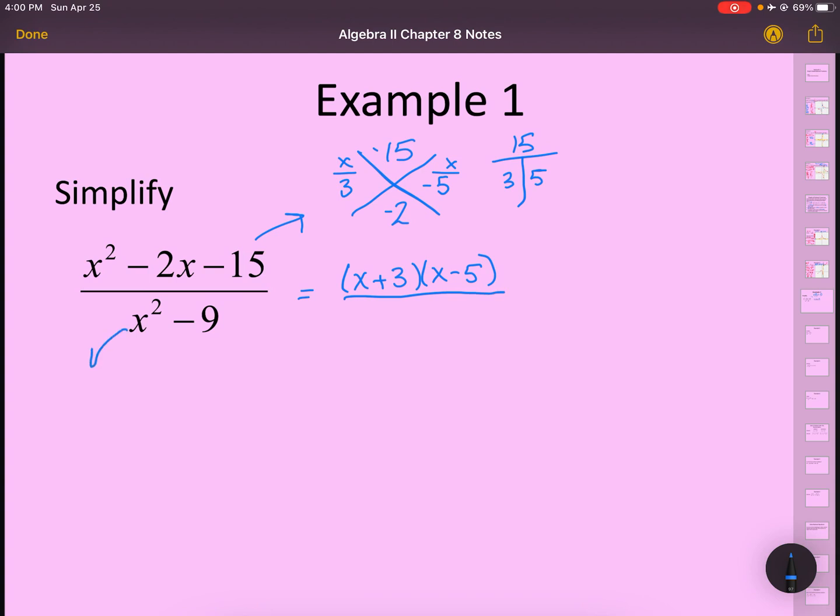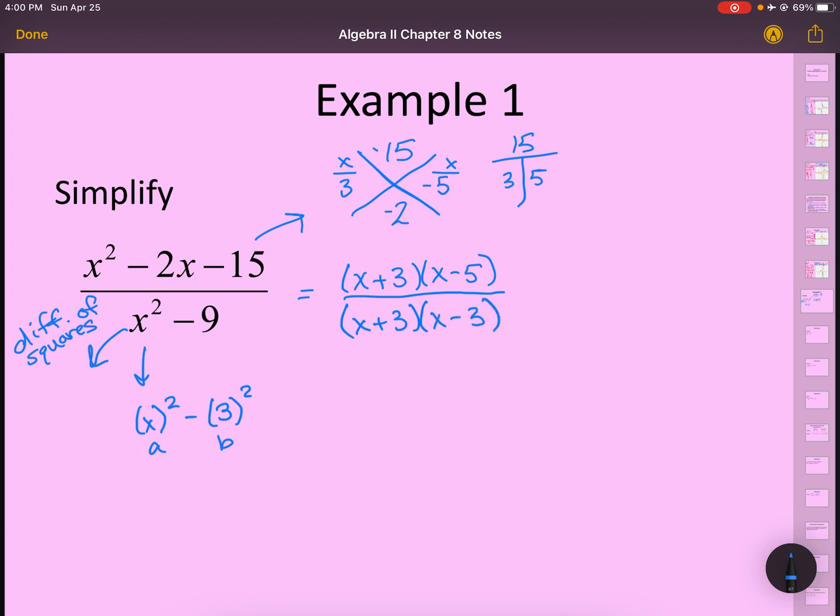And in the bottom, the denominator, we have a difference of squares that we've seen before. So this is the same thing as x squared minus 3 squared. So here's our a and b. So we're going to have two factors, a positive and a negative form: x plus 3 and x minus 3.